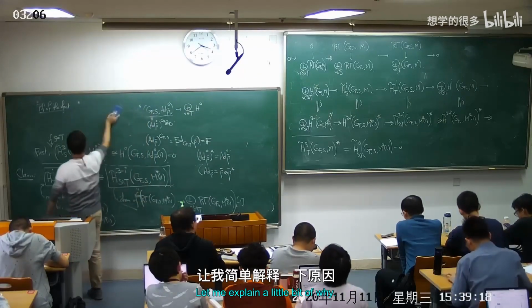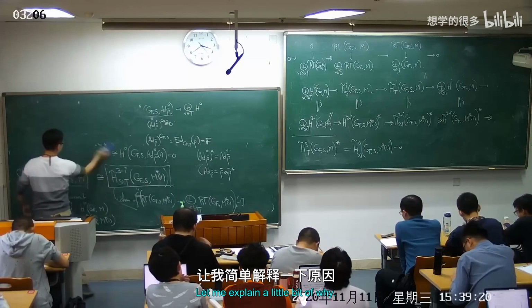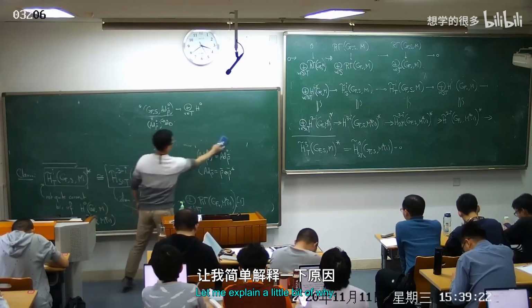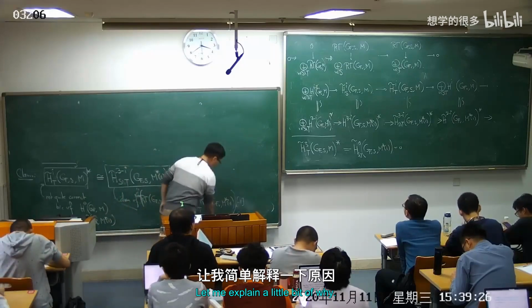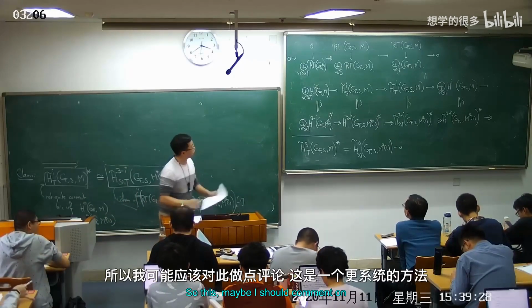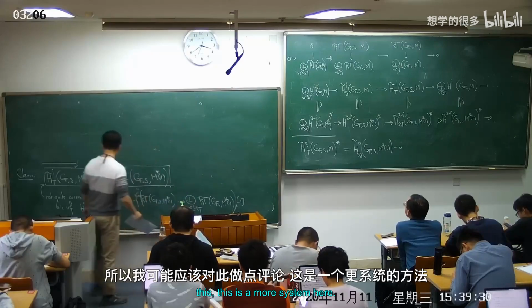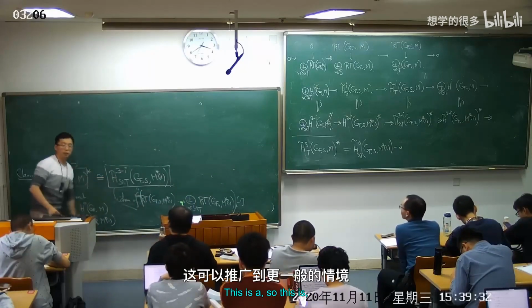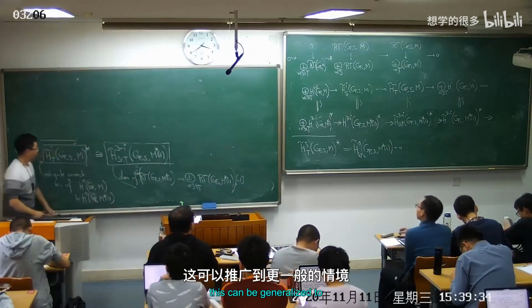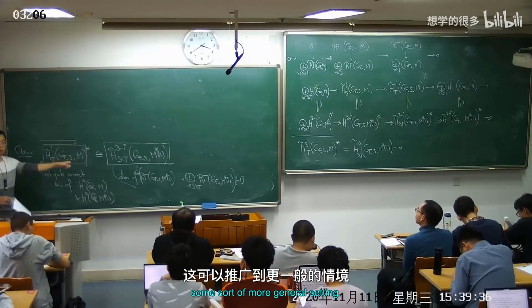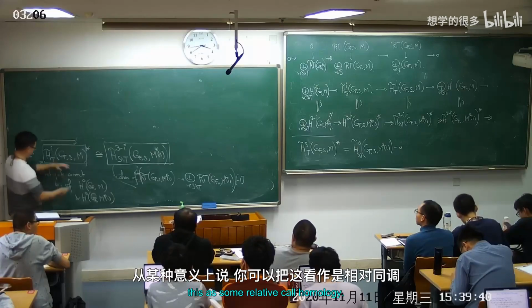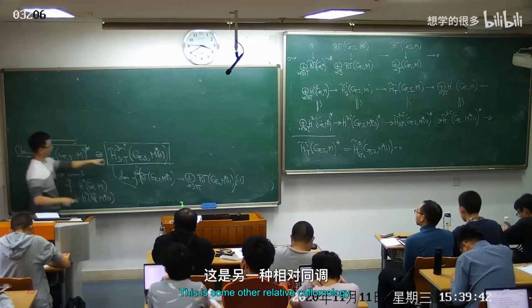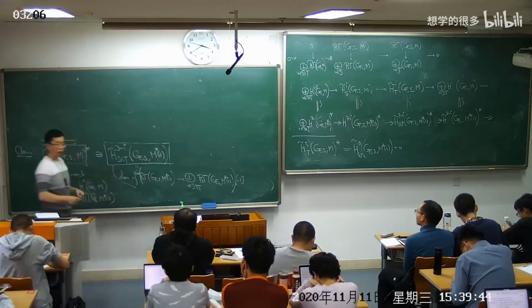Let me explain a little bit about why. So maybe I should comment on this isomorphism here. This can be generalized to a more general setting, in the sense that you should think of this as some relative cohomology. This is some other relative cohomology.